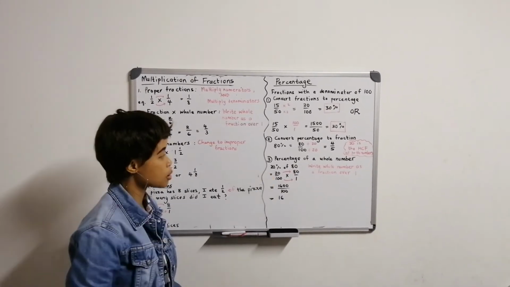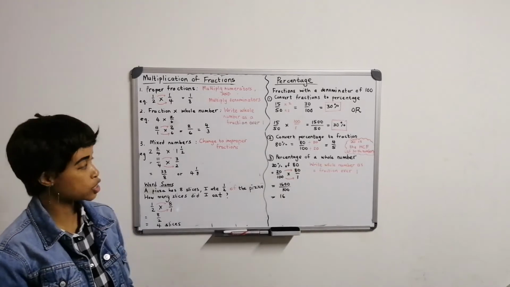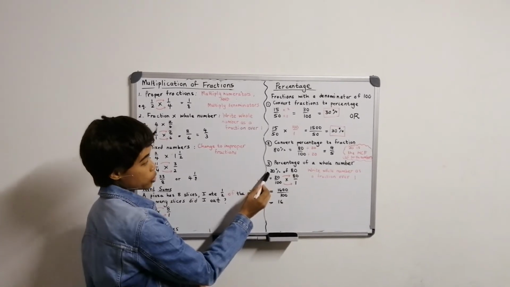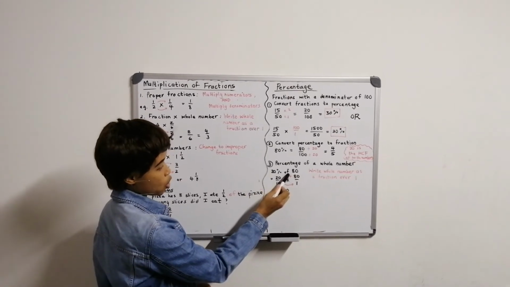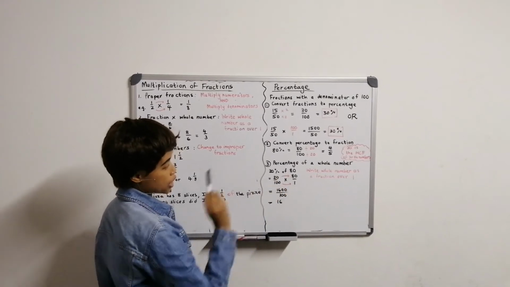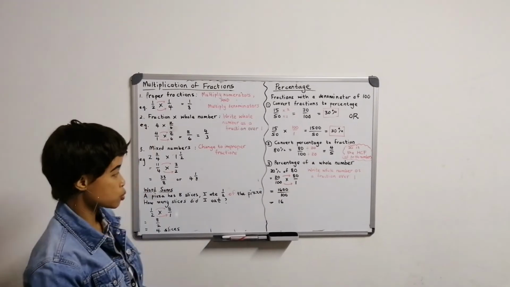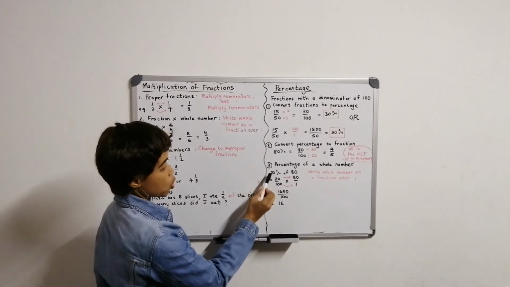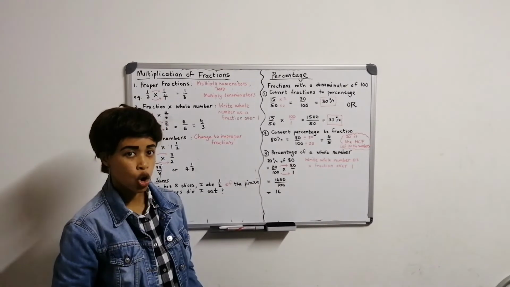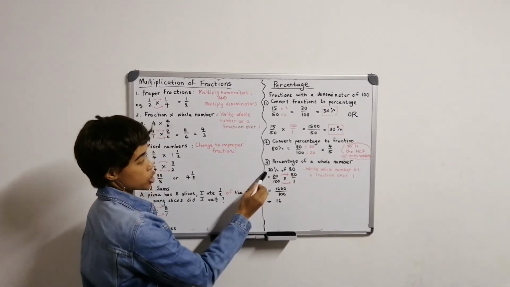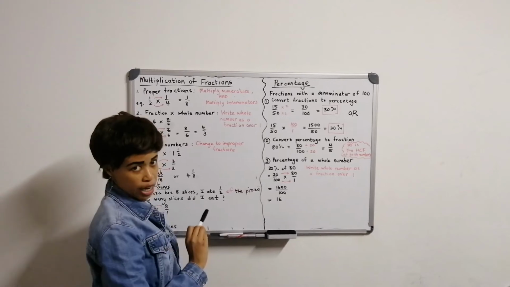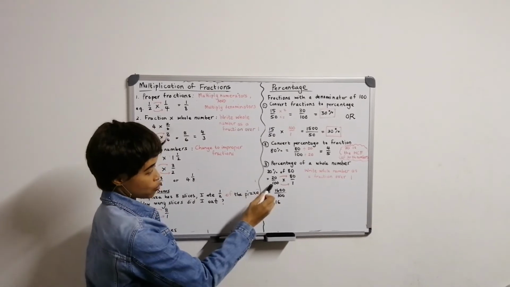The last kind of example, if you are asked to find the percentage of a whole number. So, example, 20% of 80. That "of" tells you again that you need to multiply. You need to write the whole number as a fraction over 1, and the percentage as a fraction as well, as a number with a denominator of 100.